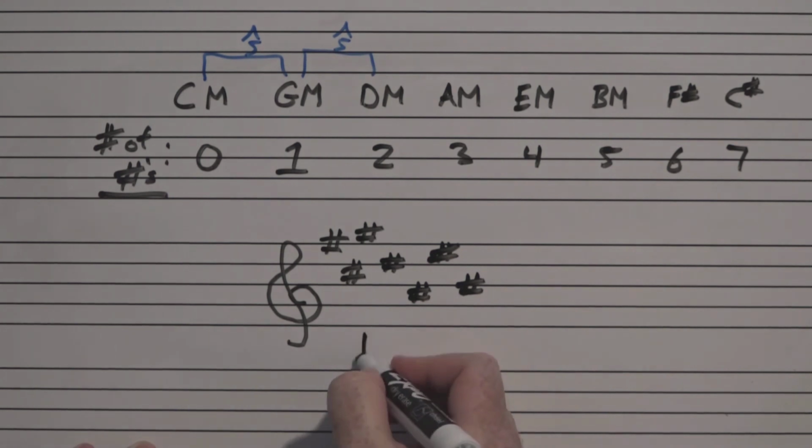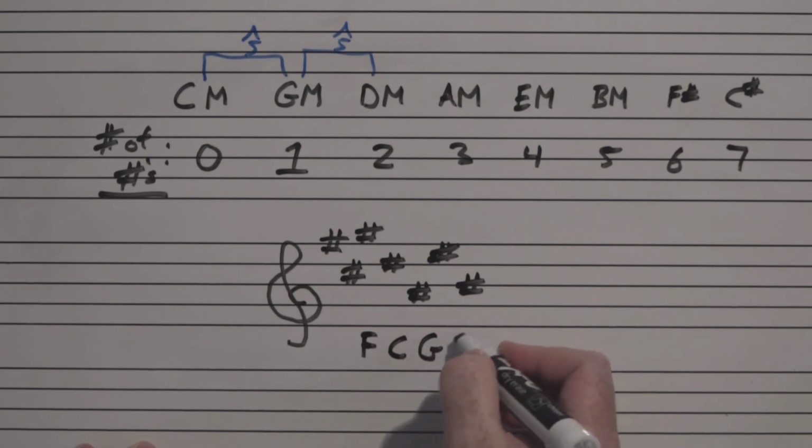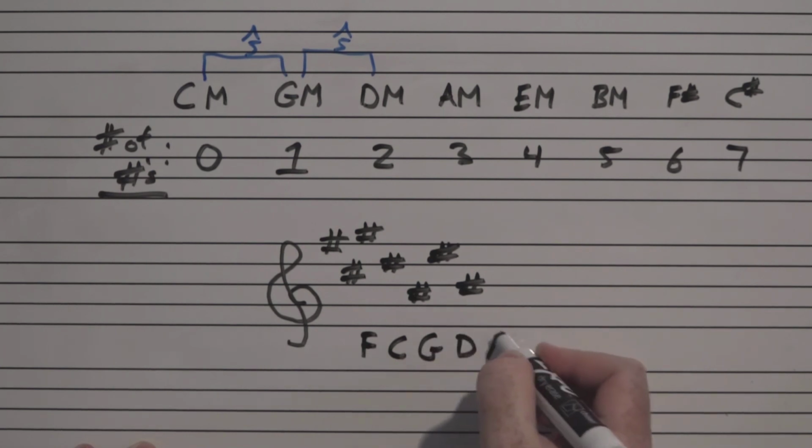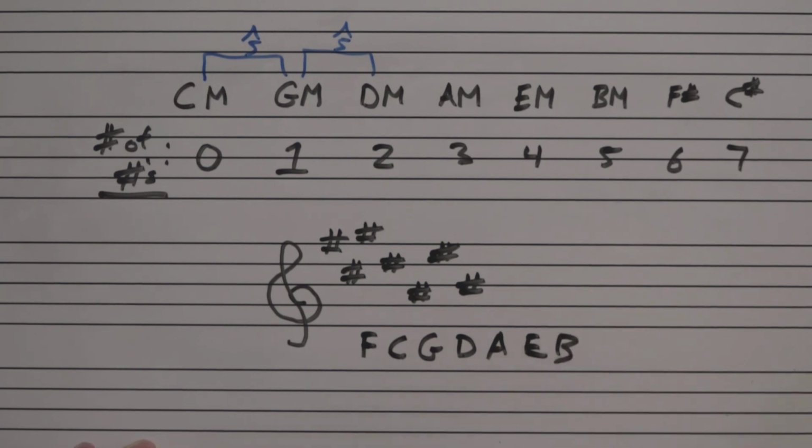That is the order of sharps. F, C, G, D, A, E, B. And that's how you could find all of your sharp major key signatures.